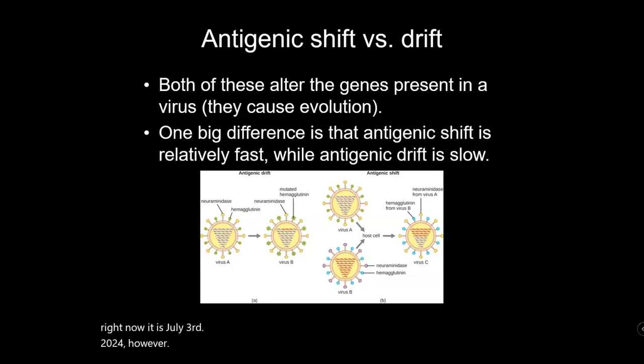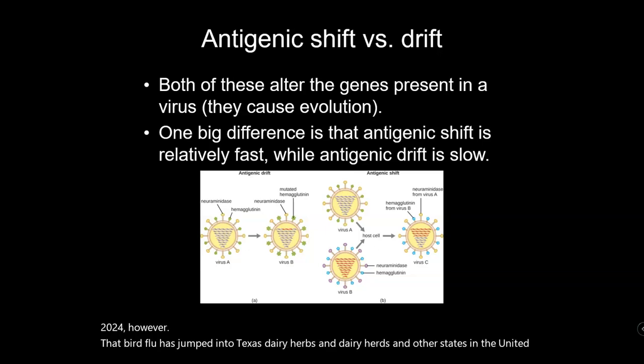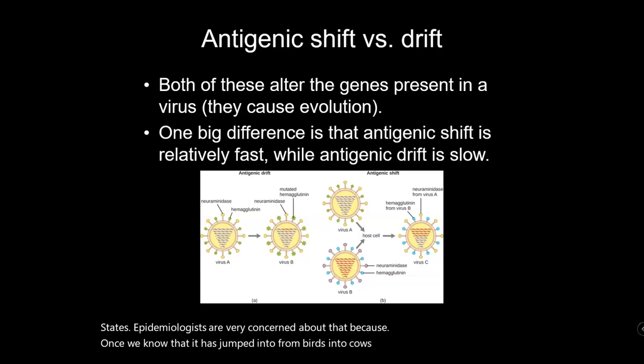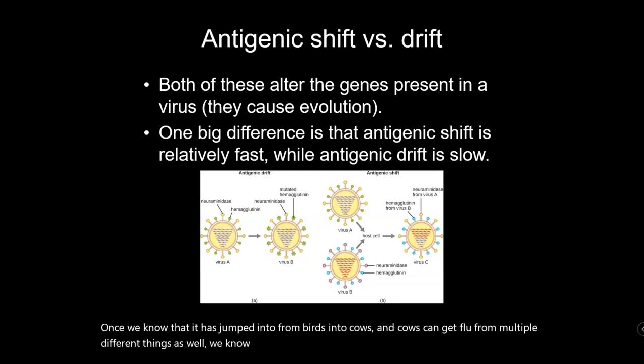However, that bird flu has jumped into Texas dairy herds and dairy herds in other states in the United States. Epidemiologists are very concerned about that because once we know that it has jumped from birds into cows, and cows can get flu from multiple different things as well, we know this antigenic shift is possible.